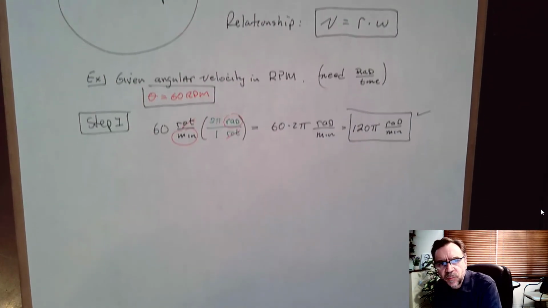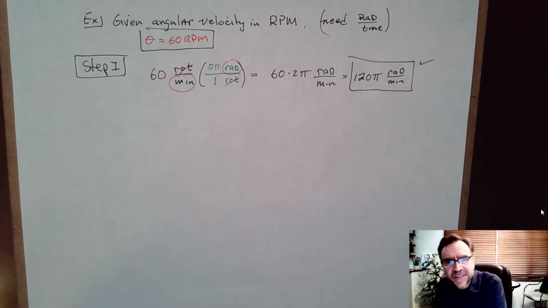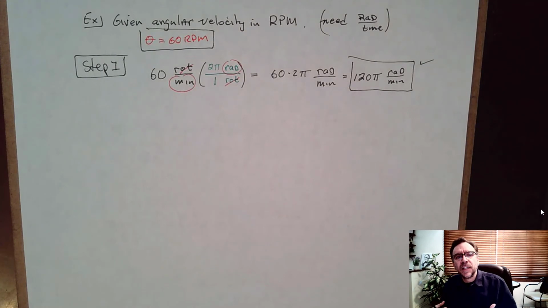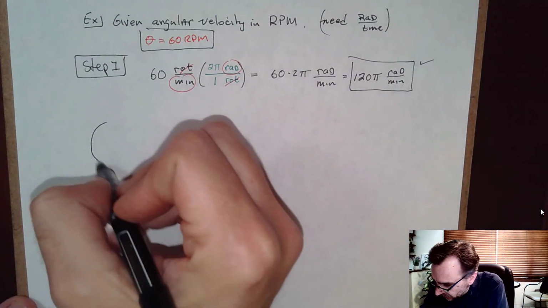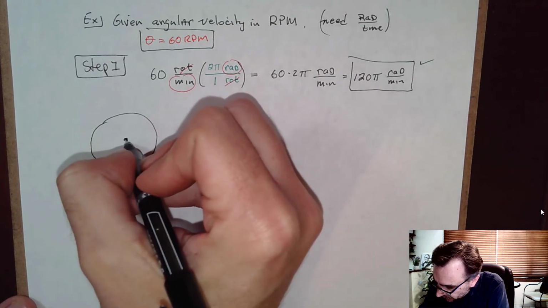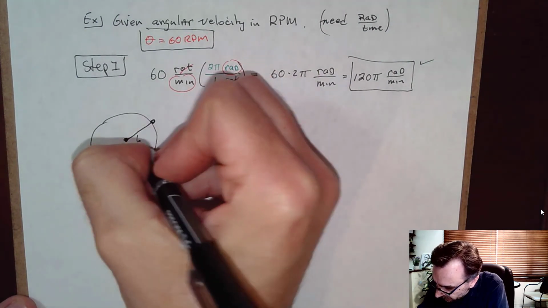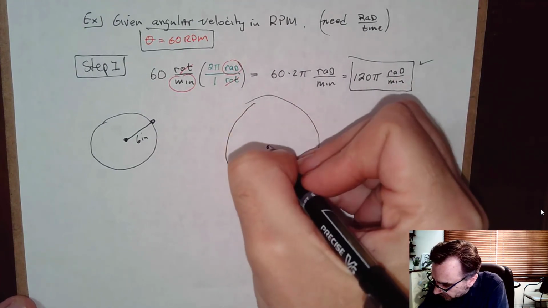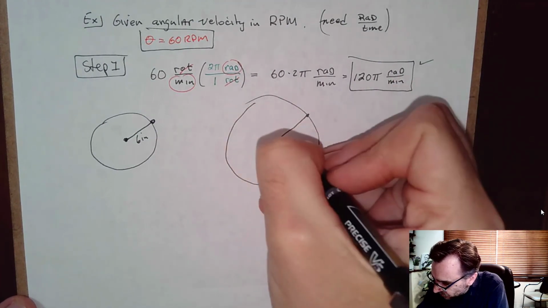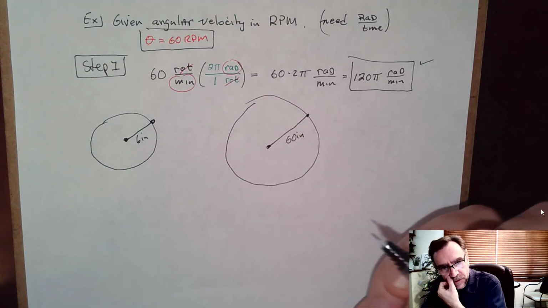Now, another thing I wanted to point out was that you can have the same angular velocity giving you different linear speeds. For example, imagine a rock on the end of a 6-inch string, and also a rock on the end of a 60-inch string, a much bigger string.